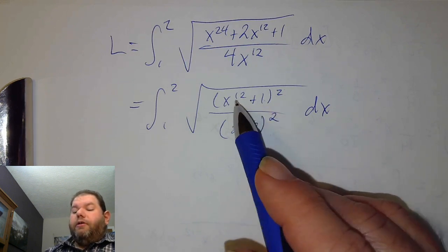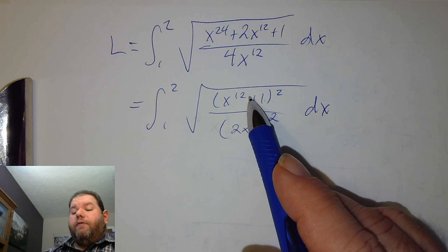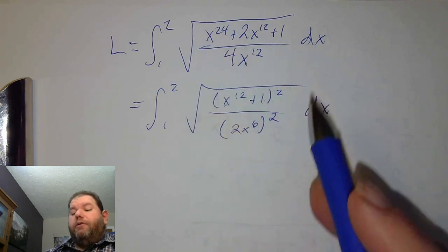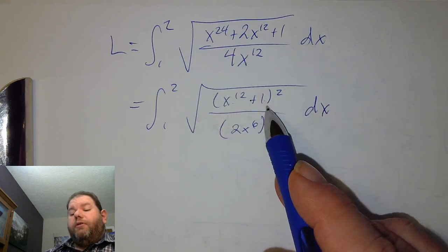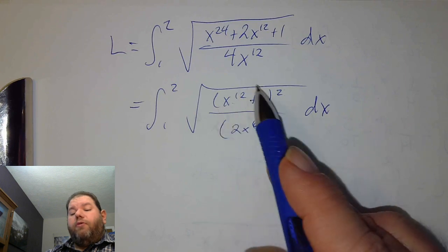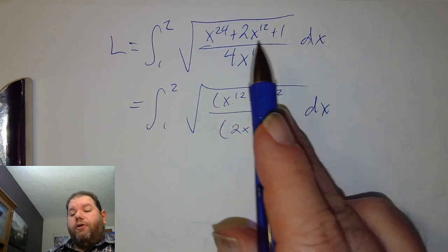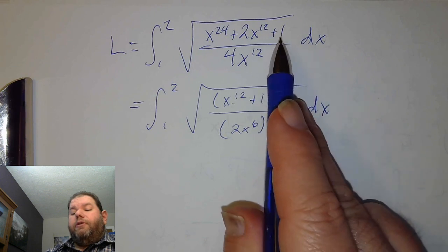So here, if we were to FOIL this back, x12 times x12 is x24, x12 times 1 inside and x12 times 1 outside means we have 2x to the 12th, and then 1 times 1 is 1.